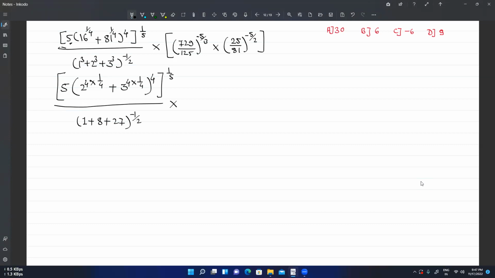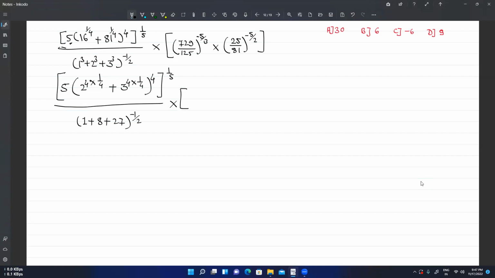Now here in this bracket, we have two brackets in multiplication and their indices are negative. Now we will have to change these negative indices into positive. With this process, if we change the sign of indices, then we know that we have to make reciprocals of the bases.